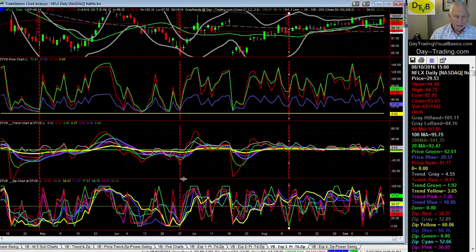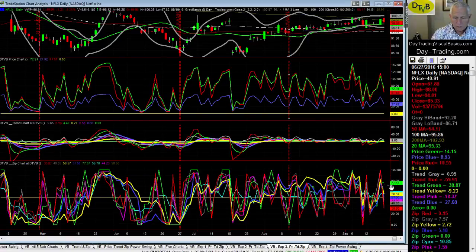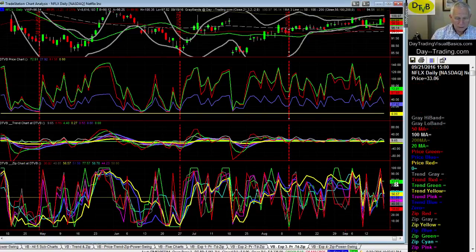The middle line here is the zip pink in a low angle down, and you can see that in this example. And I will move this up a little bit, or hopefully you can see it clearly on the video.